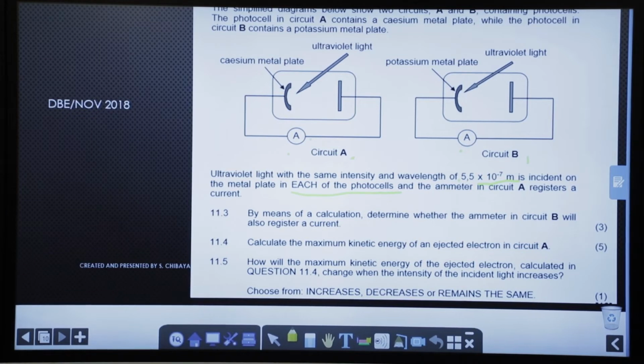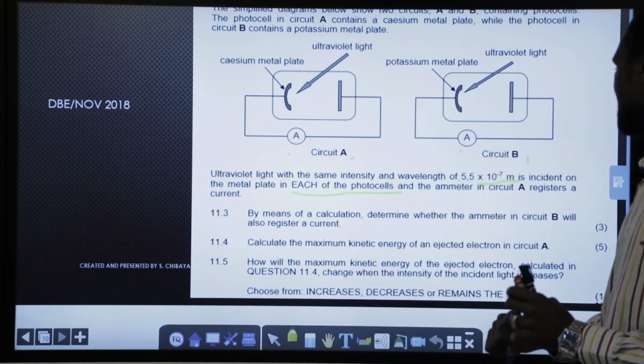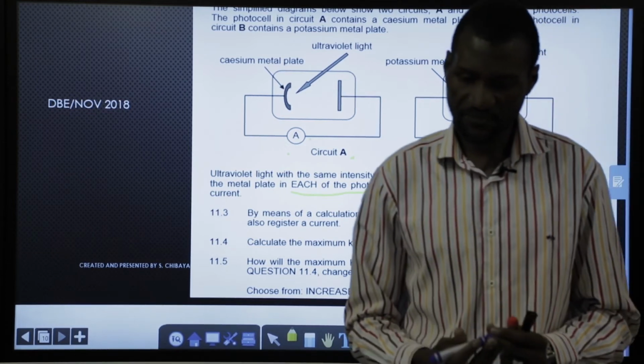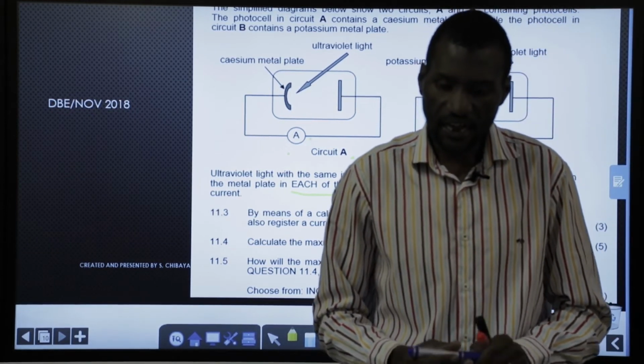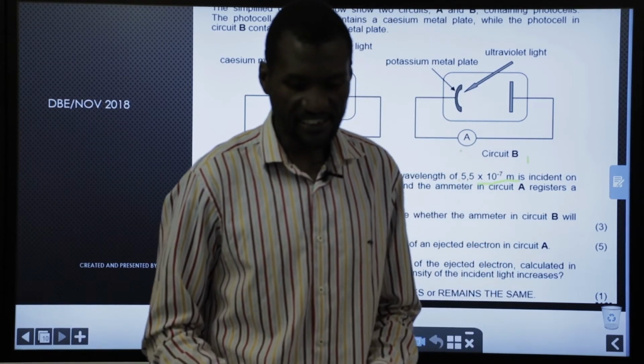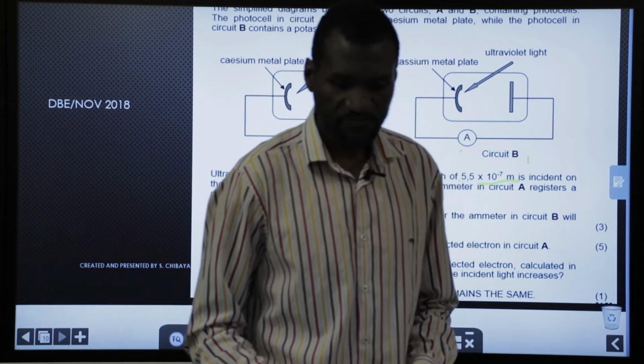So the question requires us to find the maximum kinetic energy of the ejected electron. How are we going to come up with it?